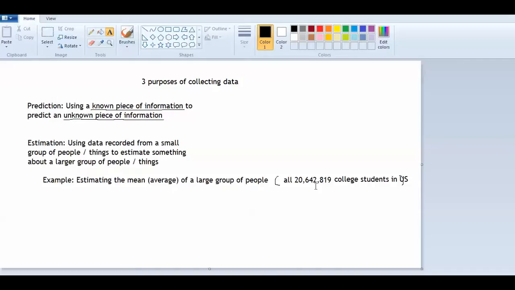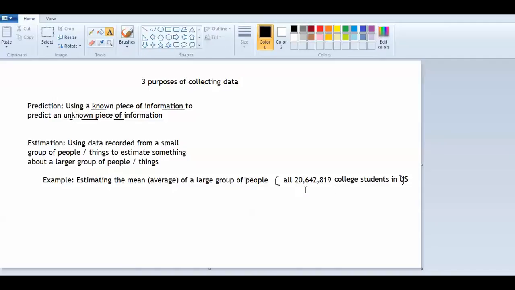Let's say you record the GPAs of 1,000 selected college students who live in the US, and then you calculate the average of those 1,000 people, meaning you add up their 1,000 GPAs and you divide the total by 1,000. After you do that, you'll have the average of your 1,000 volunteers, and you can use that average to estimate the average GPA of all of these college students.